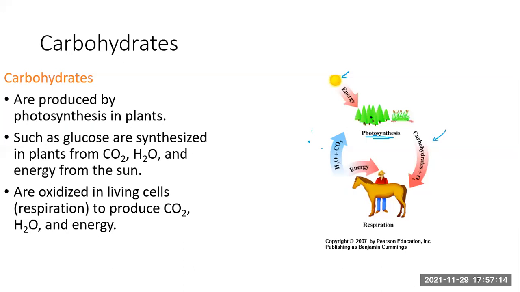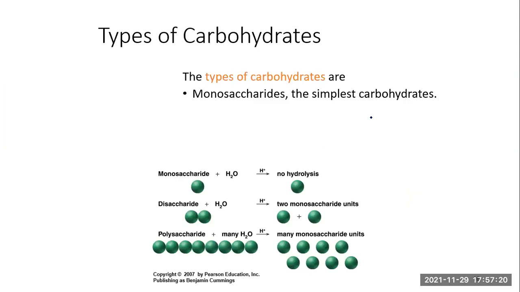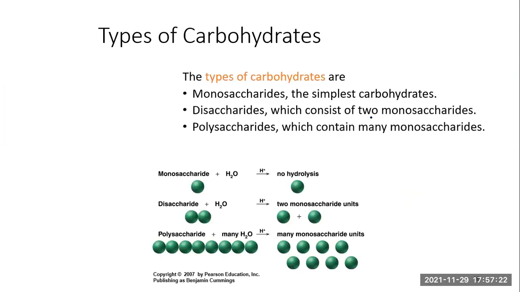There are some different types of carbohydrates that we're going to talk about in this chapter. So let's talk about the different types and some of the things that you will need to know about these guys. First off, the simplest type of carbohydrate is referred to as a monosaccharide. Mono meaning one, so basically one sugar molecule. Disaccharides, di meaning two, basically consist of two monosaccharides put together.